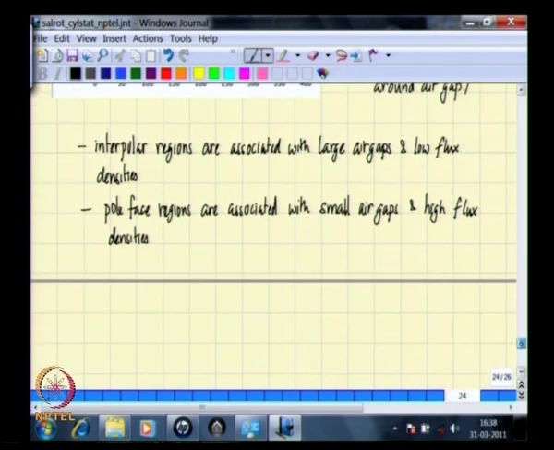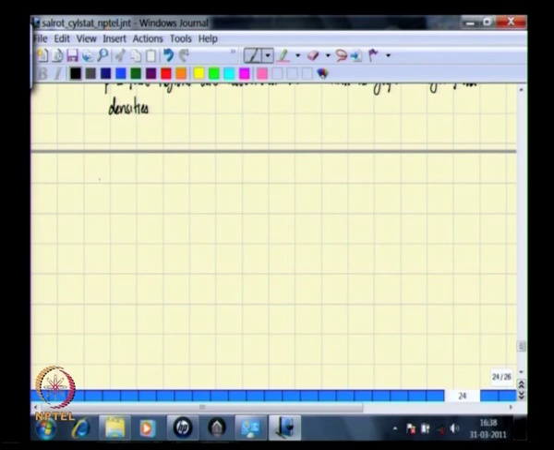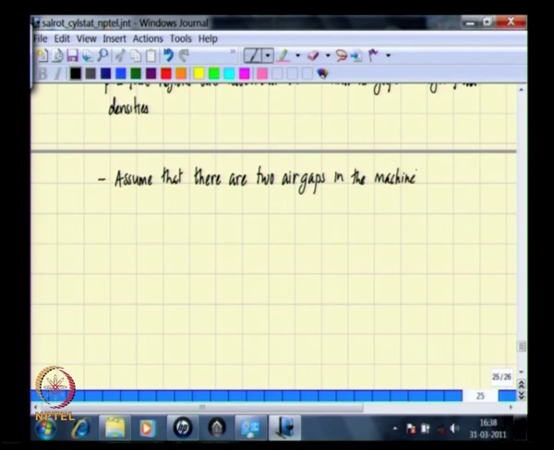the idea that is used is that we assume that there are two air gaps in the machine. Assume that there are two air gaps in the machine and these two air gaps are uniform air gaps.